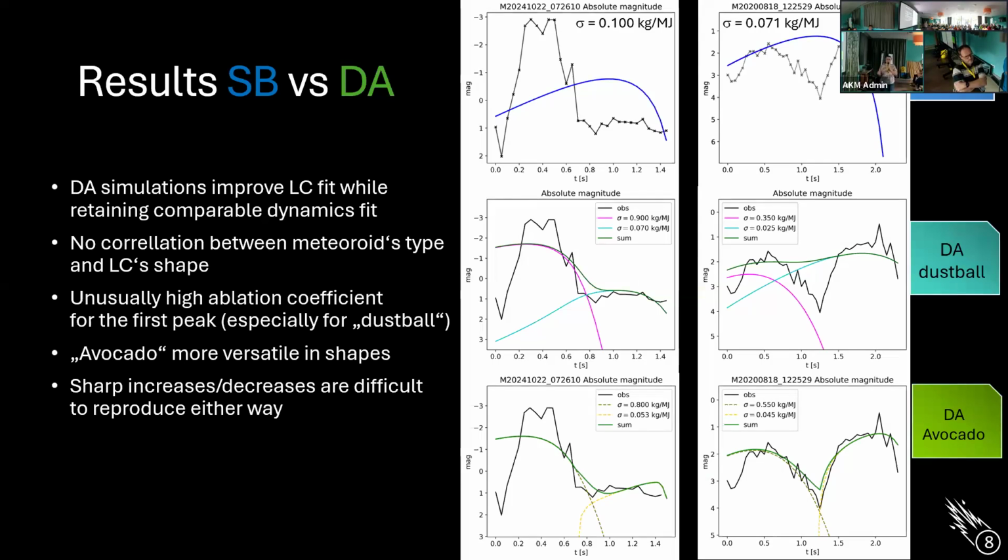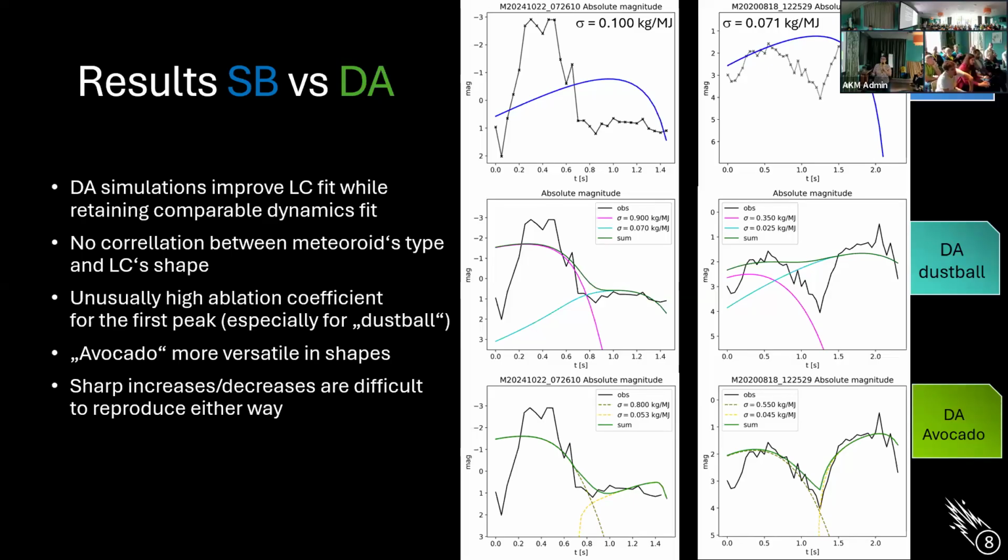As we can see, the dust ball really is good for the ones that have a bigger and sharper first peak, because that's the one that needs to ablate quickly. But for the ones that have shapes that are a little bit different, then the problem starts.